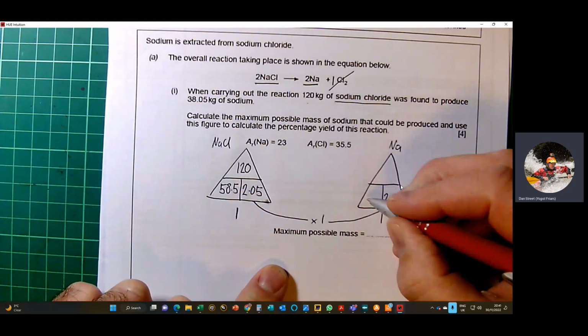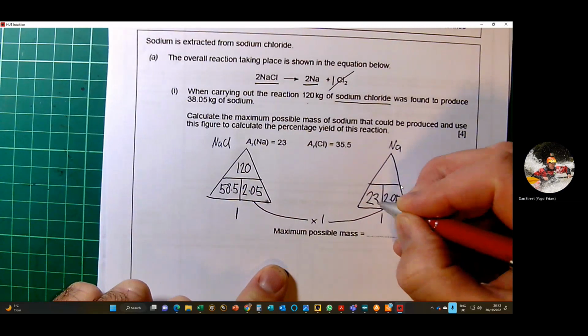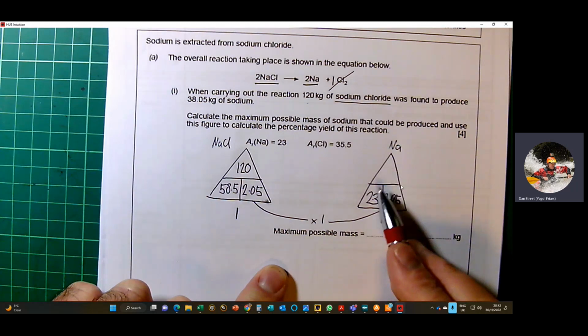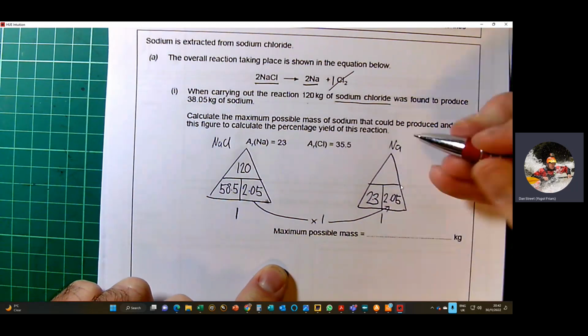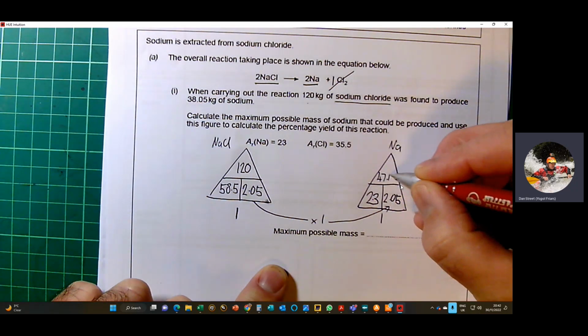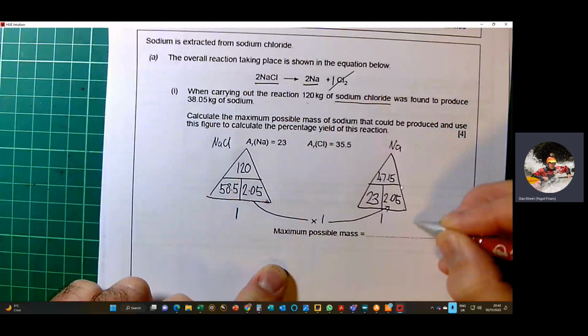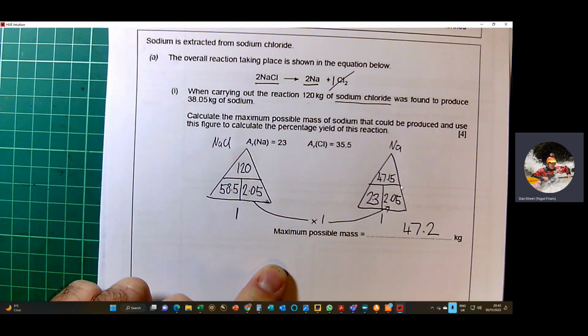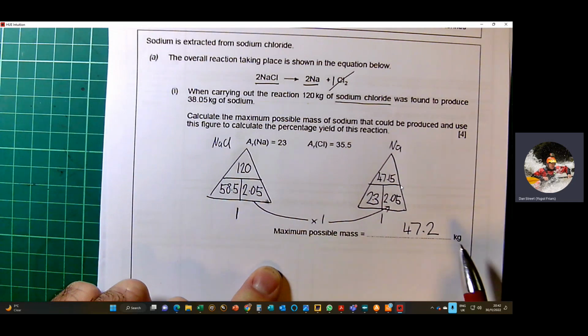So that's 23. And two numbers sat adjacent to each other in a triangle means multiply them together to get the missing one. So if you do 23 times 2.05, you get 47.15, which we can convert to 47.2 kilograms.